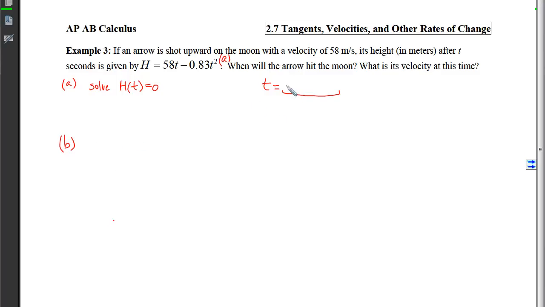So I suspect that this is going to be a big nasty decimal. So rather than computing our slope using the big nasty decimal, I want to find a generic slope at any time a, and then use that time by just plugging it in. So we'll let h go to 0 on the limit of h of a plus h minus h of a over h. I'm going to plug in a plus h into this.